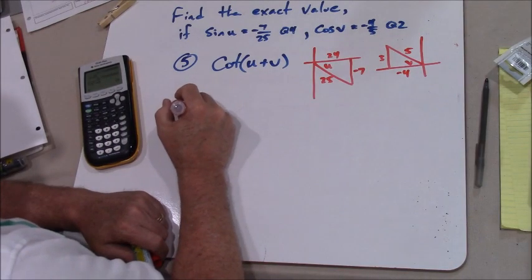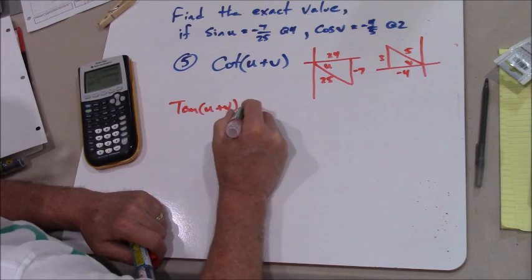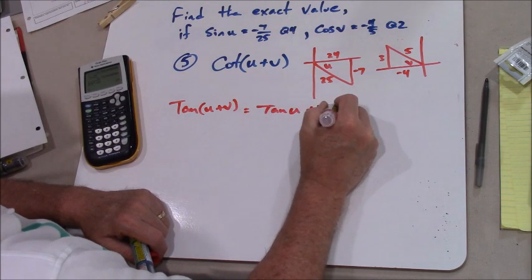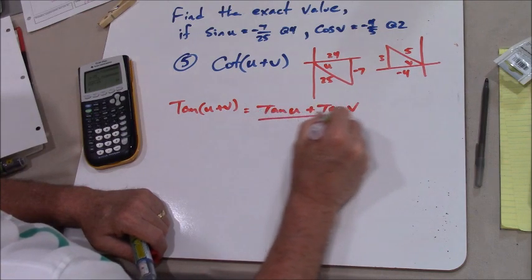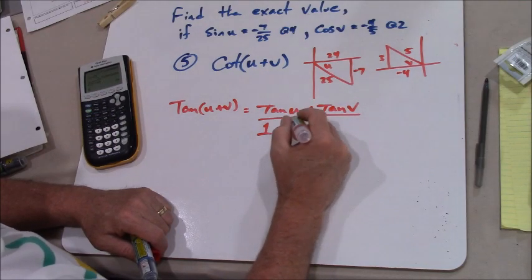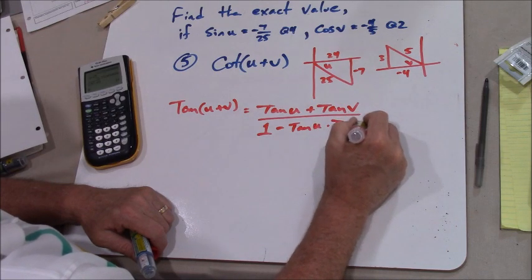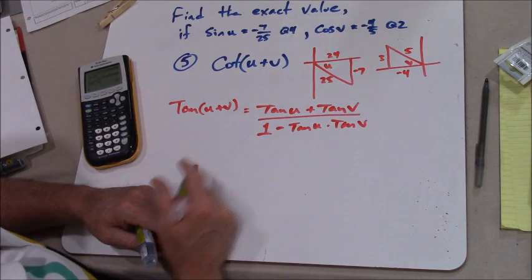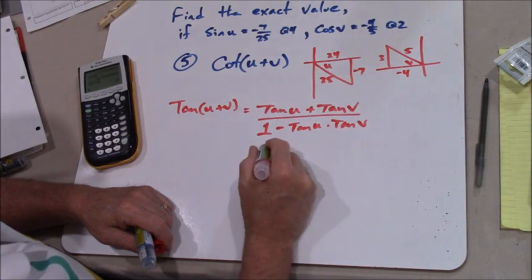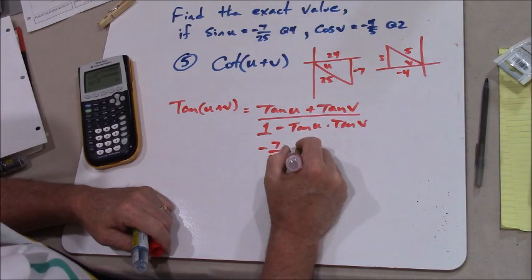Alright, so I'm going to say that the tangent of U plus V is equal to tangent U plus the tangent of V over 1 minus, these will always be opposites, and then tangent U times tangent V. Alright, so tangent of U, that is opposite over adjacent, so that'll be a negative 7/24 plus.